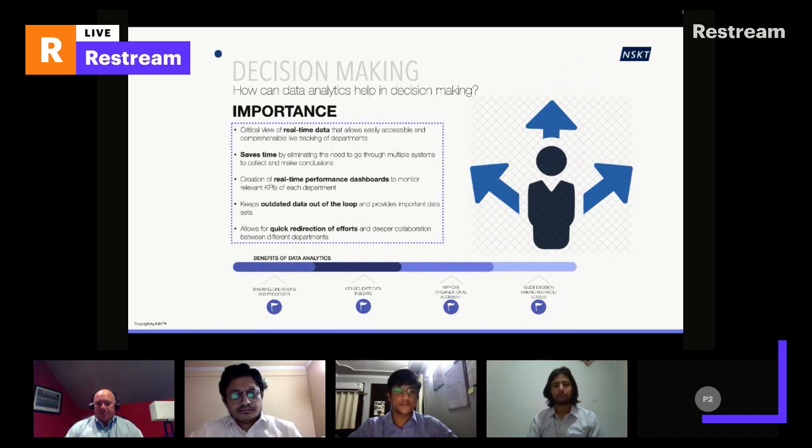Are we going to be able to continue to meet budget? All of these are supported through data analytics and the visualization of those data analytics.